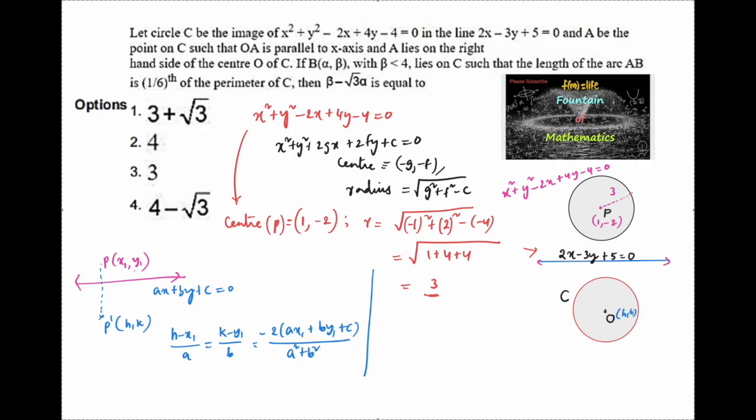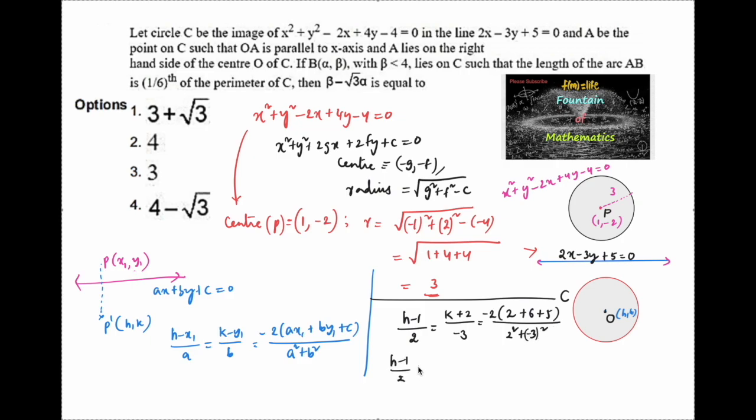So we can write h minus 1 upon 2 is equal to, coefficient of x is 2, and k minus of minus 2, that is k plus 2 divided by coefficient of y, which is minus 3, is equal to minus 2 times of ax1 plus by1 plus c, that is 2 into 1, 2, minus 3 into minus 2, that is plus 6, and again plus 5, divided by 2 square plus minus 3 whole square.